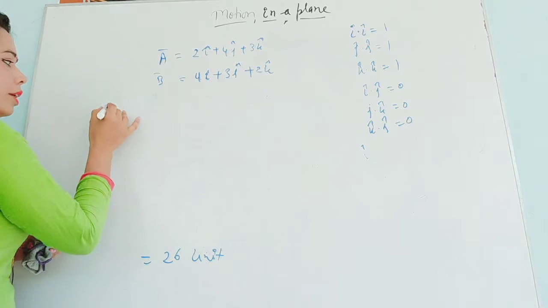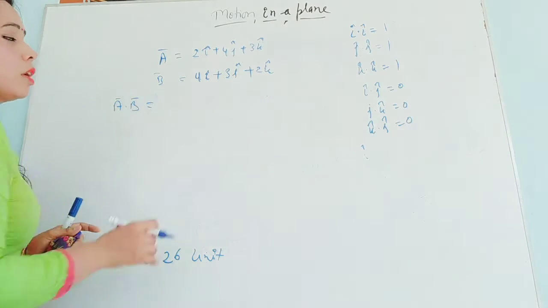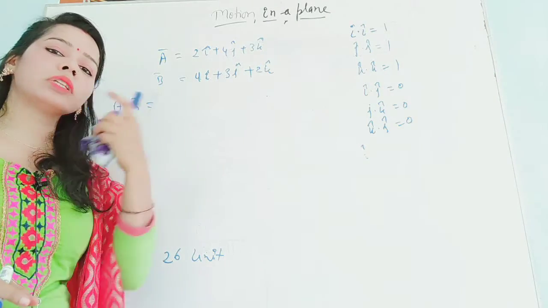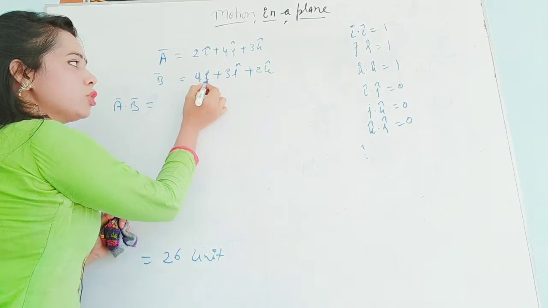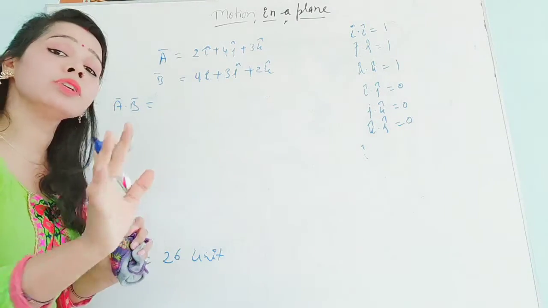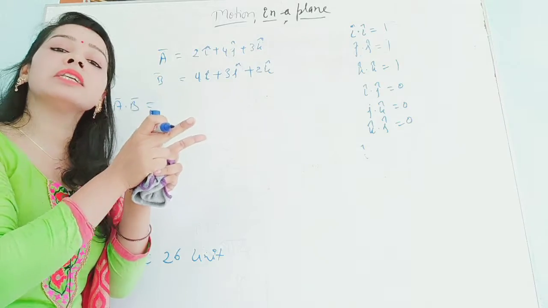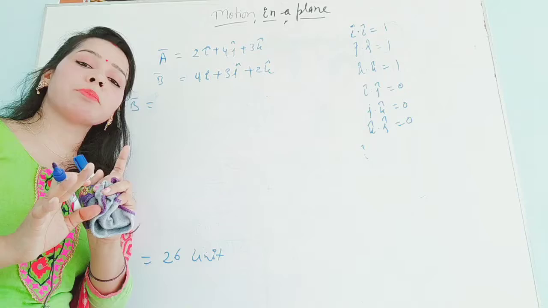Now again I am finding the dot product of two vectors, A dot B, that equals what? The shortcut method is that you multiply the coefficients of I and I, because the dot product of the same unit vector is 1, otherwise it is 0. So we take the same type of vectors.